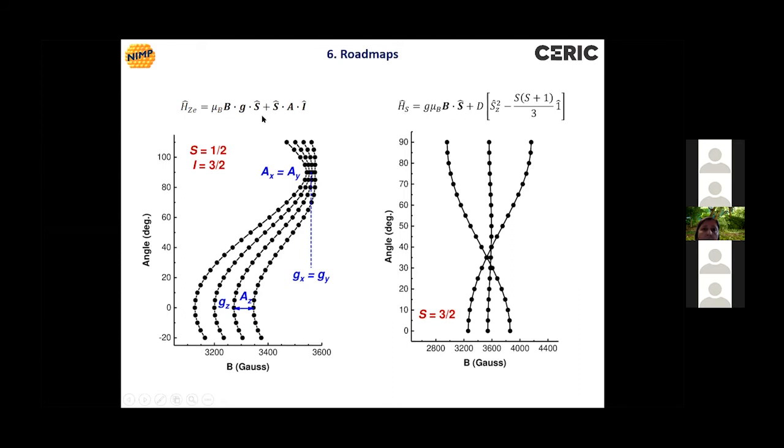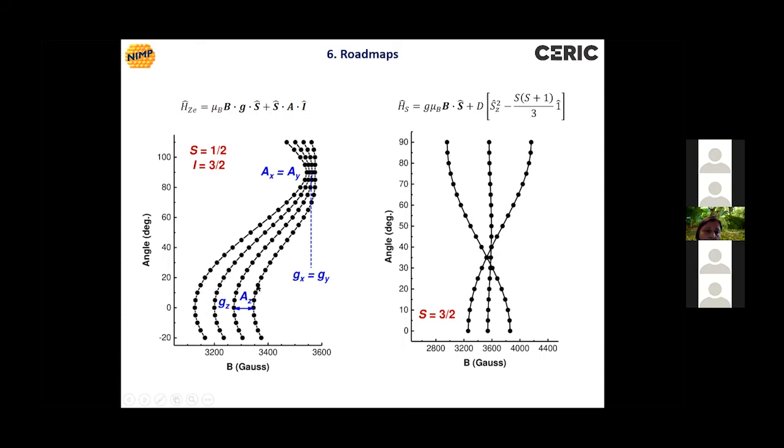In both cases, the Zeeman interaction is also anisotropic. So g is a tensor. It has also axial symmetry. And as you can see, the 4 lines resulting from the hyperfine structure evolve also along sinusoids.